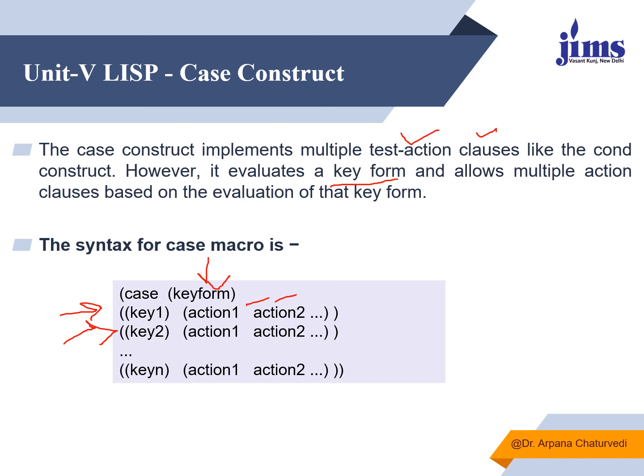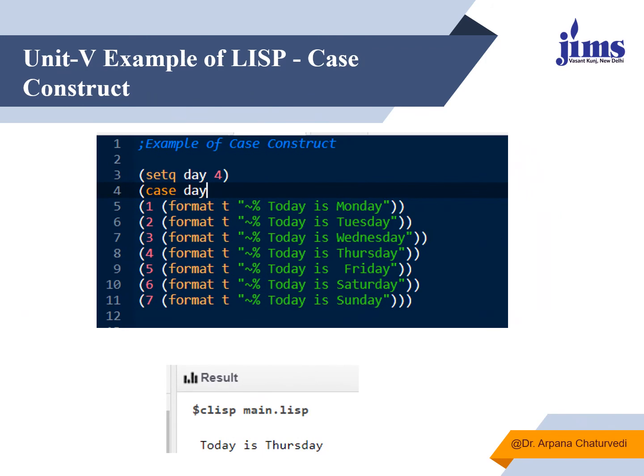For this we will again see an example. Here we have set the value of the day variable as 4. Now this is the key form, we are keying in day, and within this different key values are keyed in, that is 1 2 3 4 5 6 7.